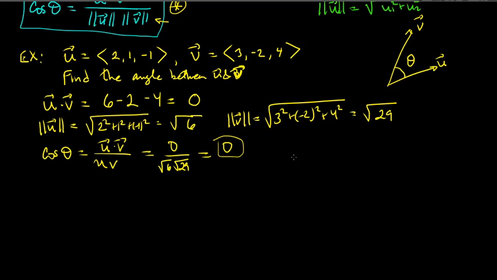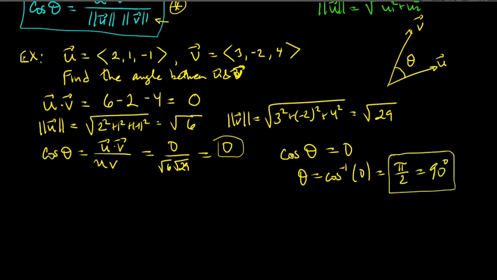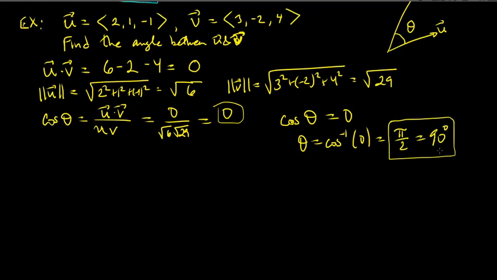Okay. So that's not the answer, of course. We're looking for the angle. So what angle has a cosine of 0? Well, what's the arc cosine of 0? Yeah, pi over 2, right? 90 degrees. So yeah, I didn't specify radians or degrees, so I would accept either.